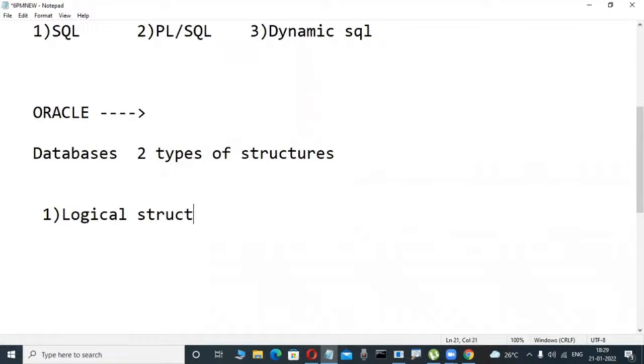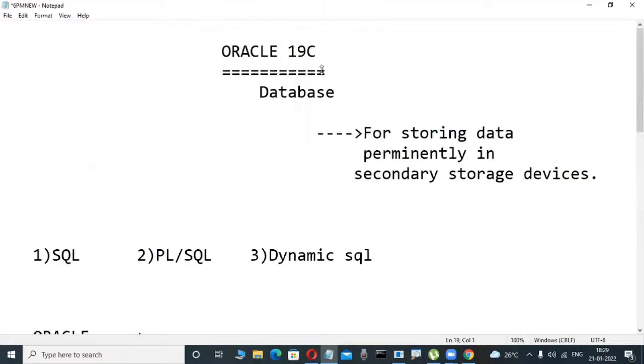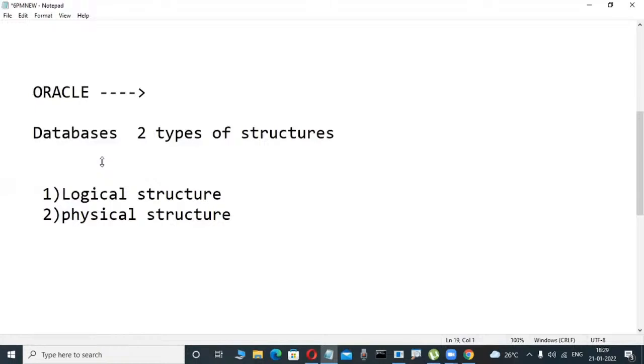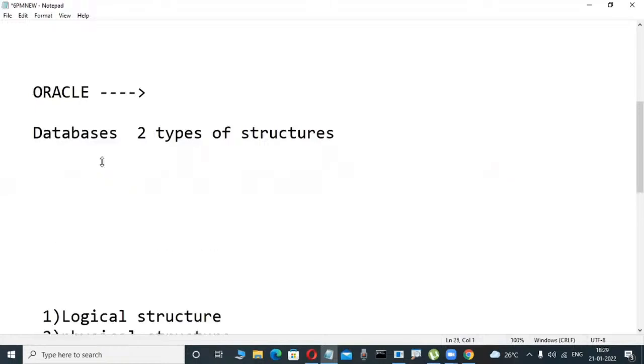Database means it is a place where we can store structure. Here one is logical structure, another one is physical structure. Before we tell what is the logical and what is the physical structure in these types of database software, look at the database definition in books. Many fellows write it like this.